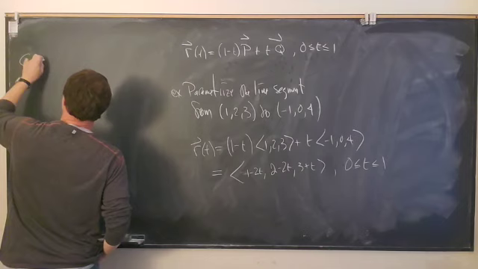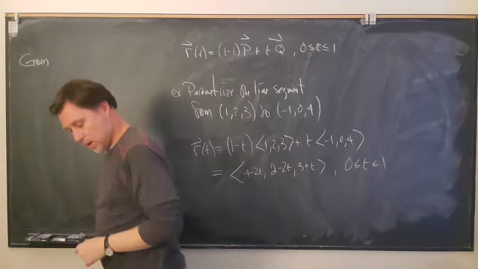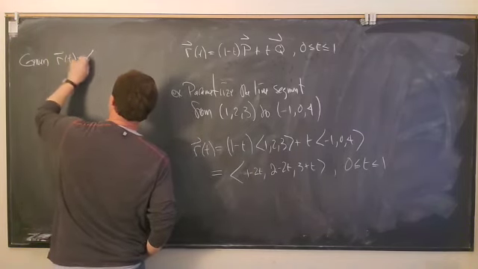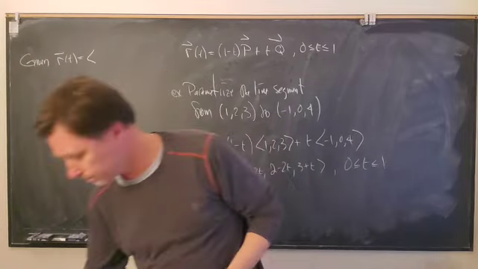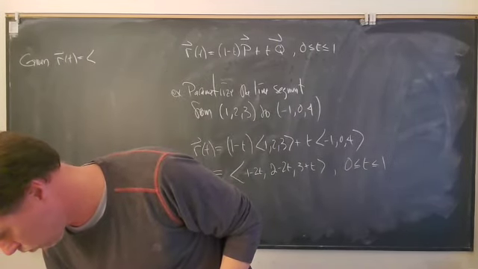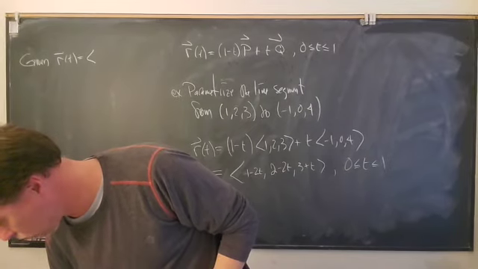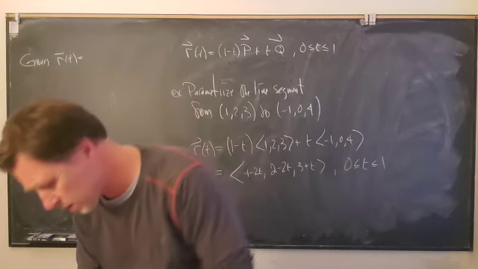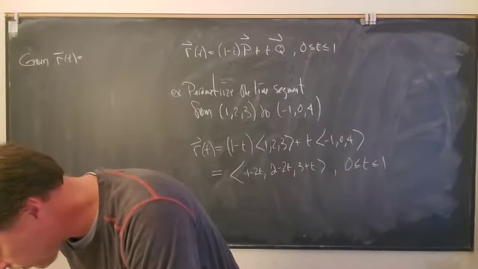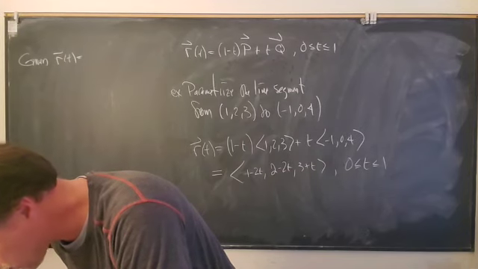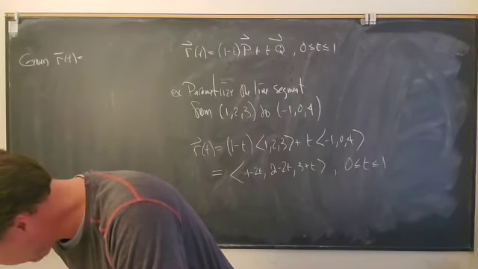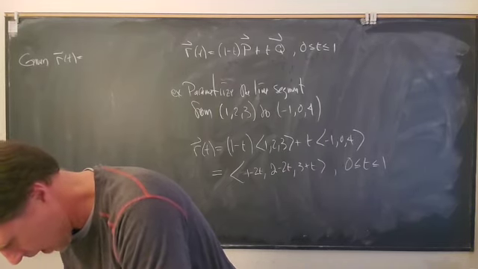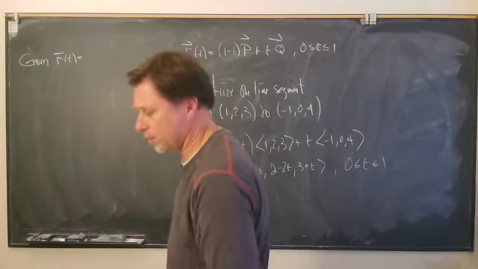Now, given some parameterized curve, so given r(t) equal to... it looks like your book, I was just checking because we just switched books, and they go back and forth between the angle bracket version, but they mostly use i, j, and k.